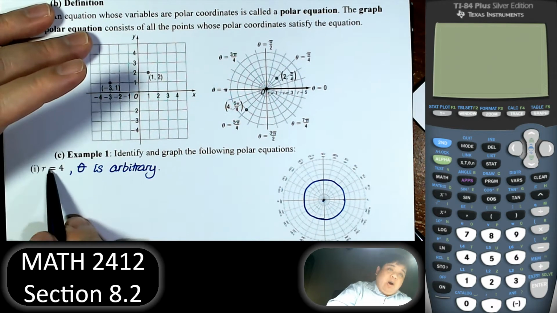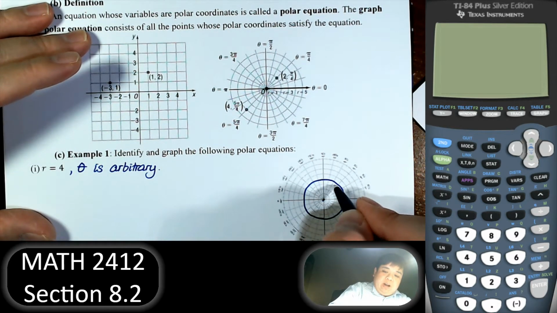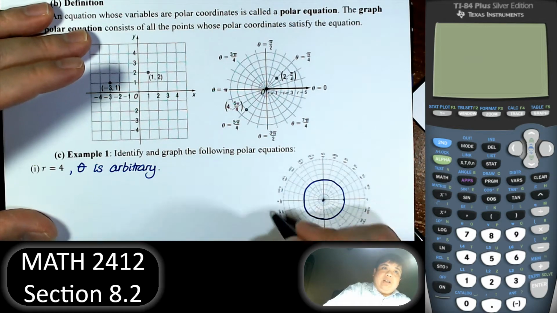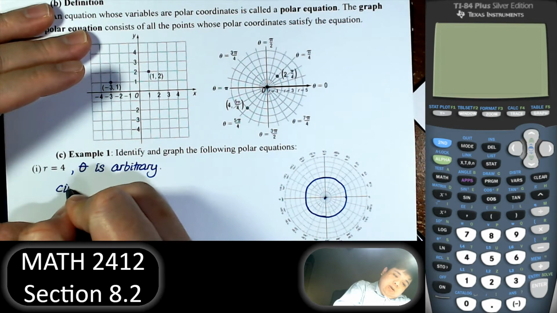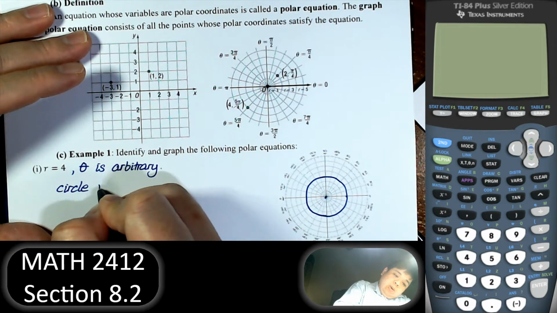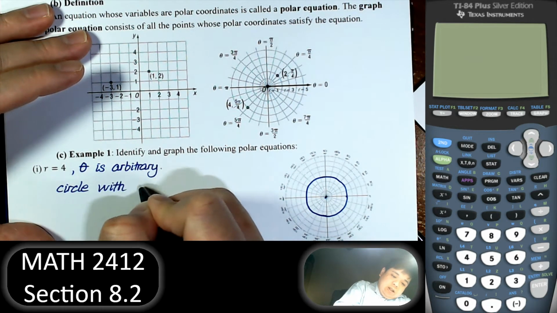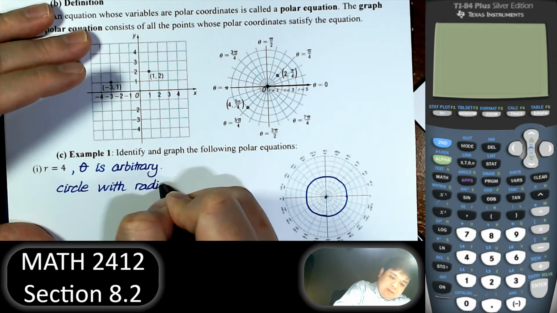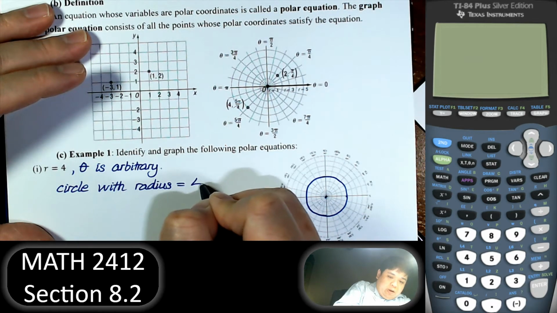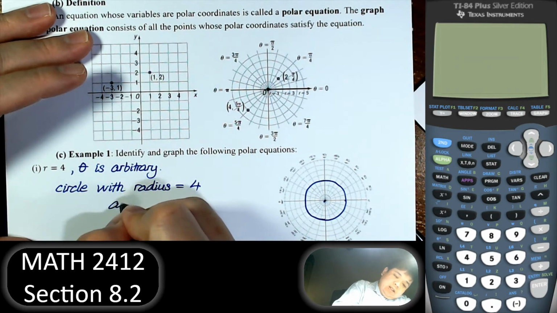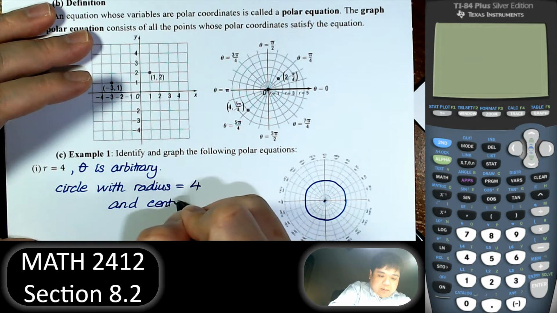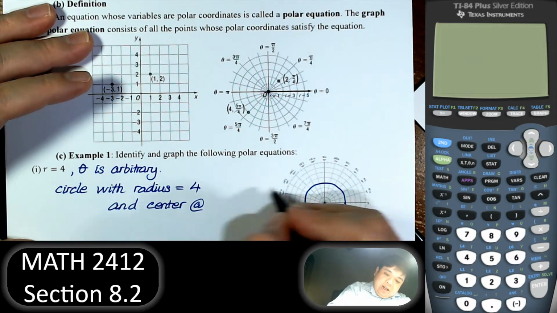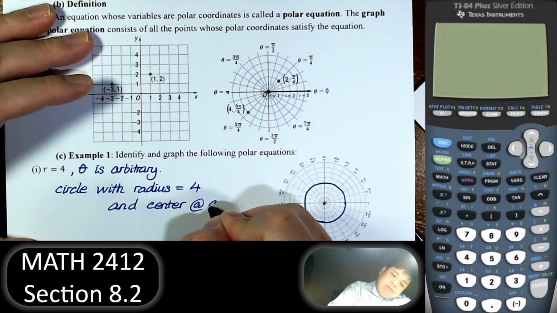Angle can be anything, so that's why it's a circle. So we graph it, and we say this is a circle with radius equal to 4 and center at the origin or at the pole.